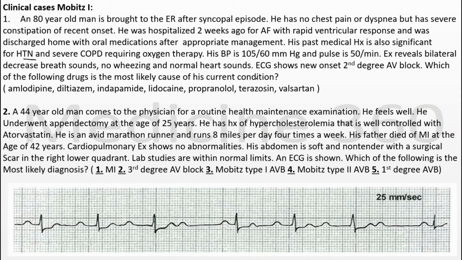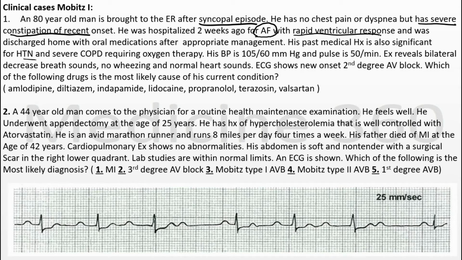Drugs include these. Now the patient presents to us with syncopal episodes. The patient has severe constipation of recent onset, and on the previous admission to the hospital 2 weeks ago, the patient was diagnosed with atrial fibrillation with rapid ventricular response.